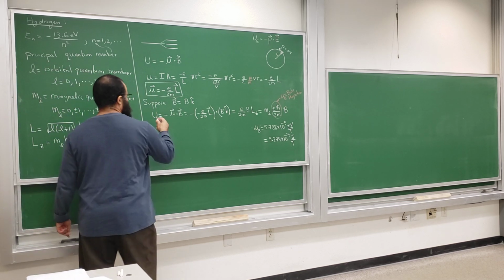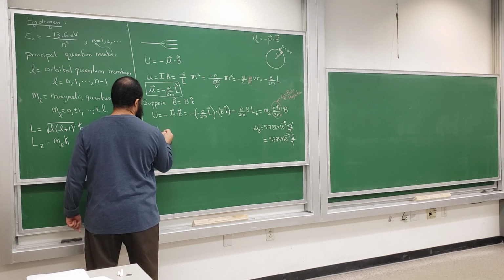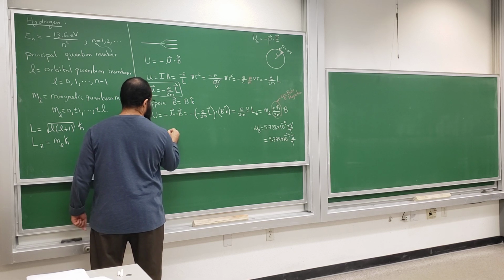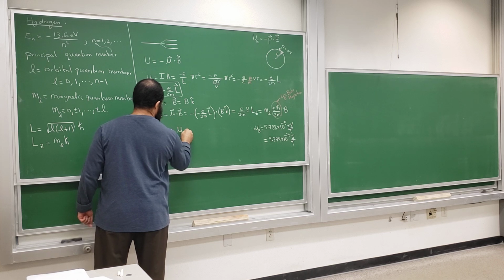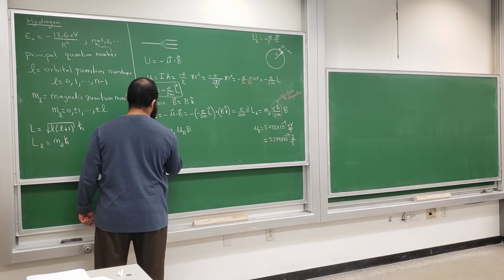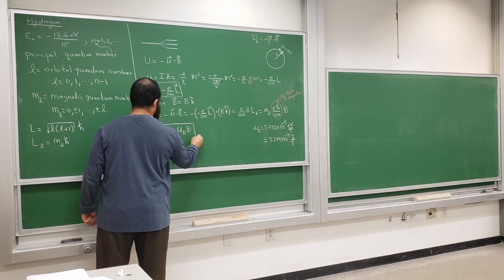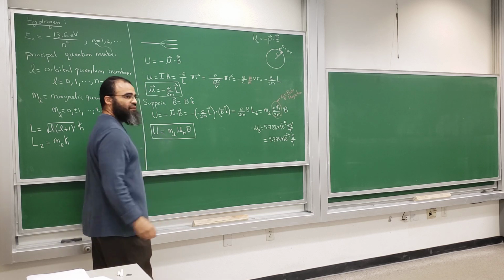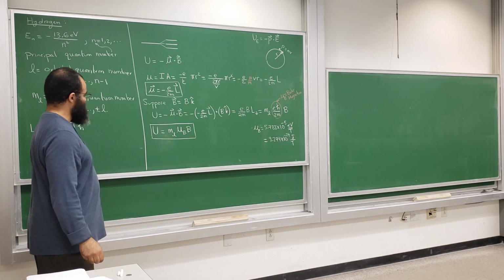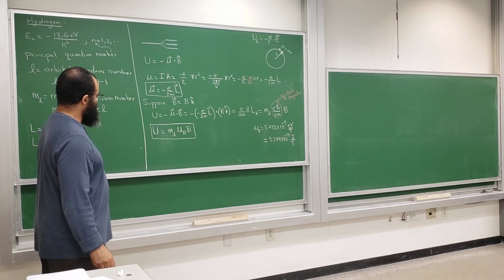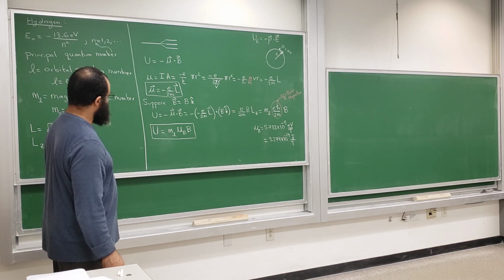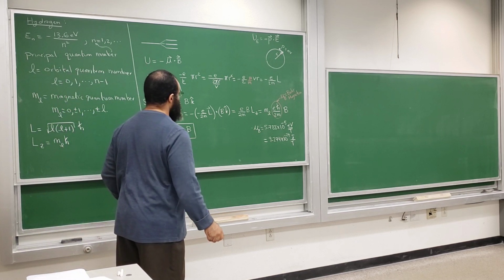So we can write this shorthand then. The potential energy is equal to ml times mu B times the magnetic field. So let's see why this affects the energy levels.